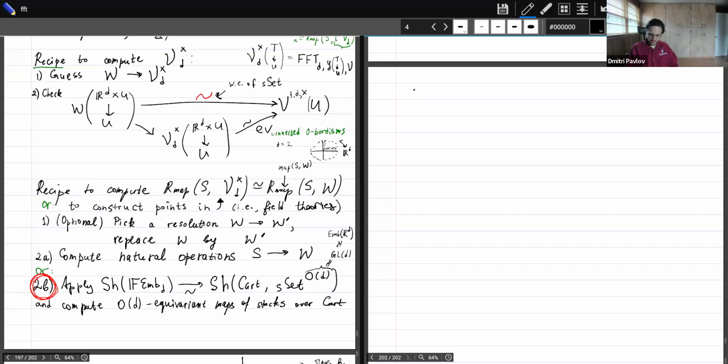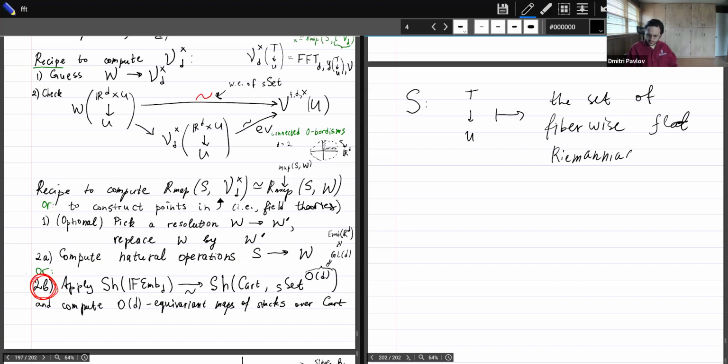So let me pick some interesting geometric structure. Let's say S will be a geometric structure that sends T over U to the set of fiberwise, let's say, flat Riemannian metrics on T over U. Flat means vanishing curvature. Even the dimension 2 example is already interesting.